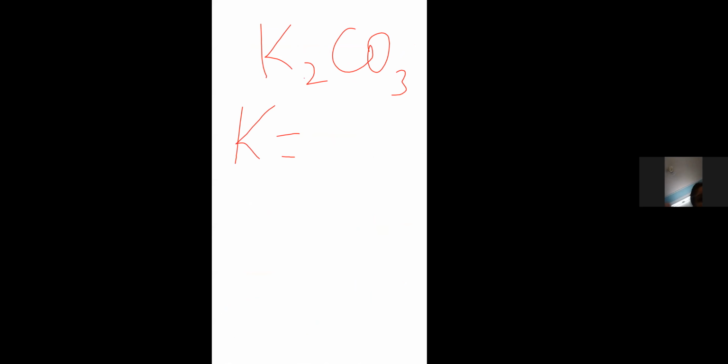Potassium. What is the mass of potassium? 39 u. Carbon, 12 u. After that, oxygen, 16 u.